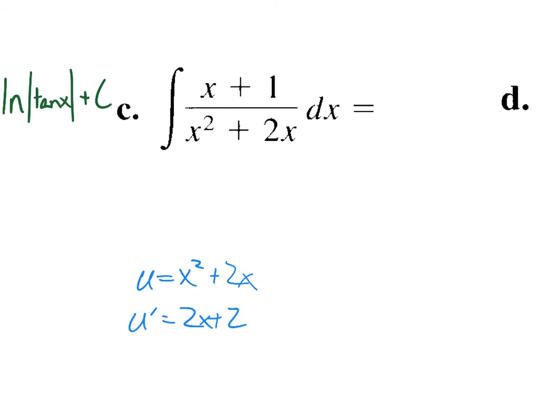Multiply the top by 2, and multiply by 1/2 outside, and that'll give us a u prime over u. So this is going to be 1/2 ln of the absolute value of x squared plus 2x plus c.